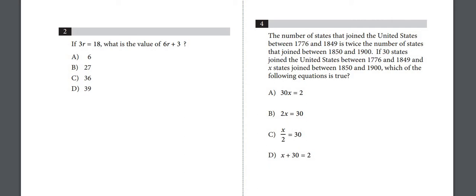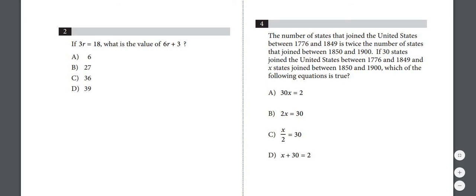And then given if 30 states joined the US between 1776 and 1849 and X states joined between 1850 and 1900, which of the following equations is true? So the first thing to do is, it's a word problem. So whatever statements are given, convert them to an equation.